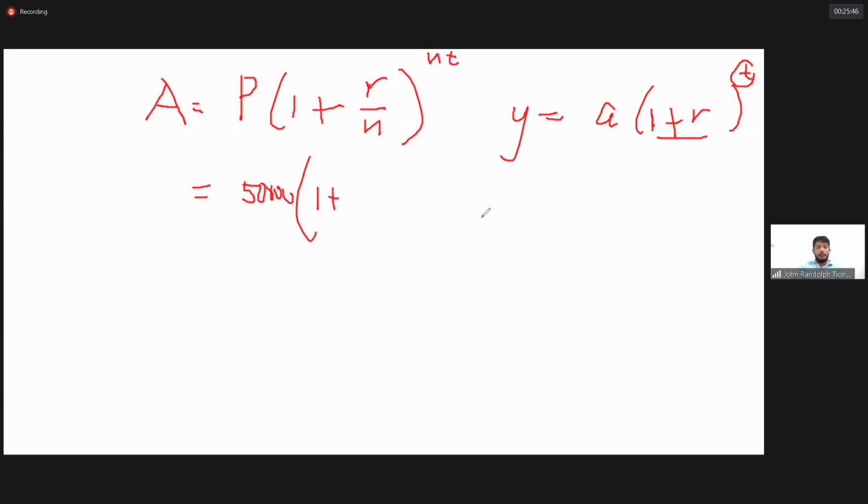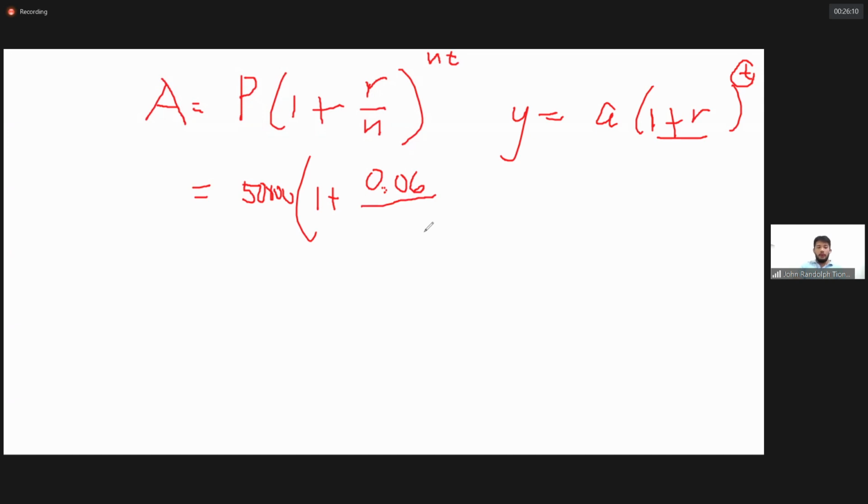That's 6%. Unlike earlier with the growth factor, we just write 6%, in decimal form 0.06. We do not add that to 1, because that is not a growth factor. 6% is 0.06 in decimal form. I hope you still remember how to convert percent to decimal from elementary. Divided by your n.